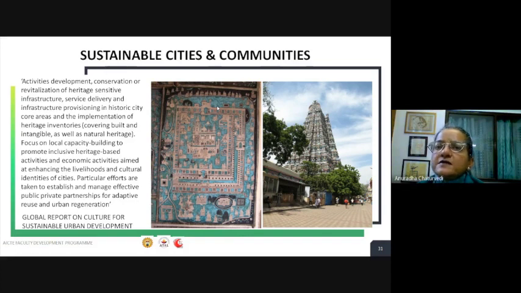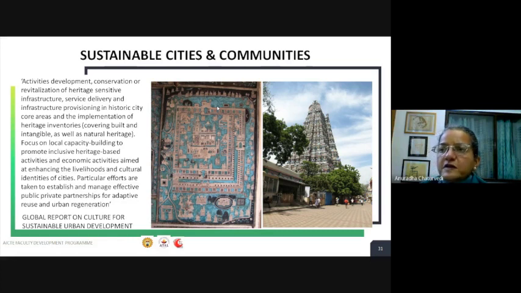The starting point of any such effort or initiative for development, conservation, and revitalization is the preparation of heritage inventories. These heritage inventories should cover the built, the natural, as well as the intangible resources of a particular place.